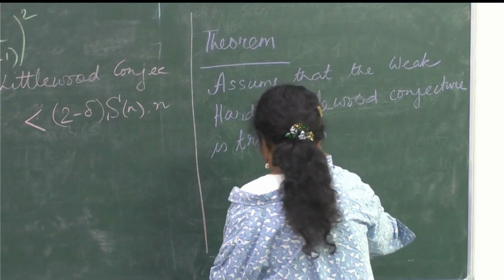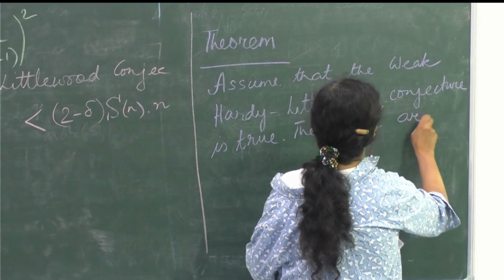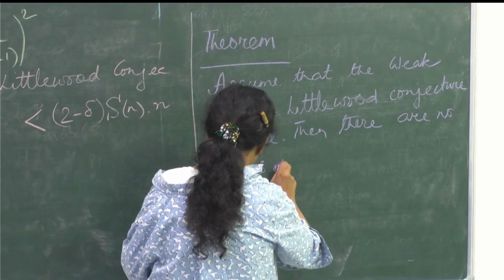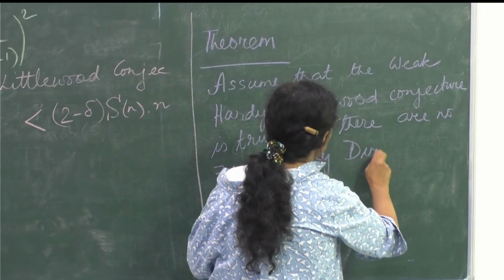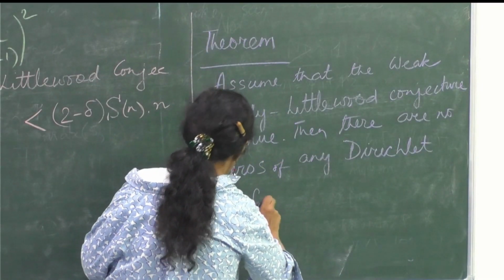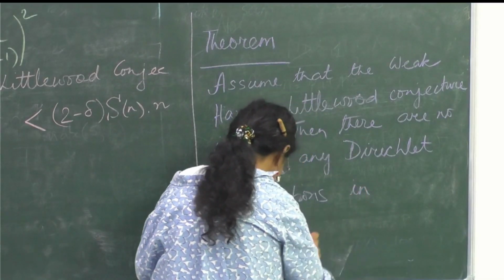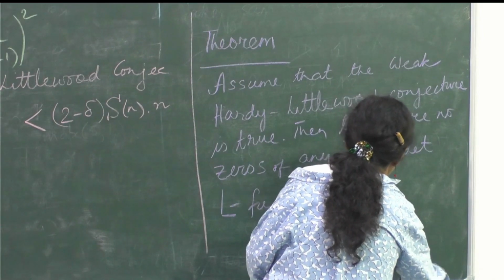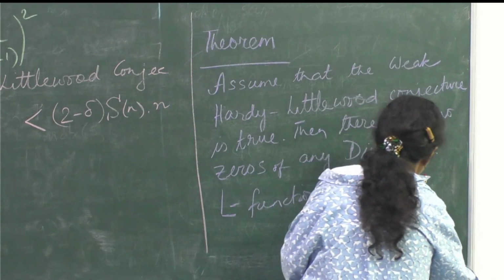Then there are no zeros of any Dirichlet L functions where sigma is greater than 1 minus C over log of QT plus 2.